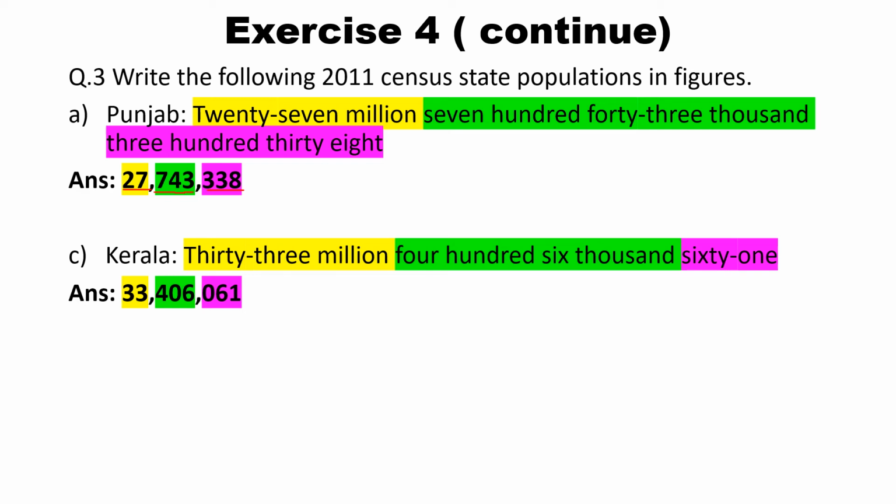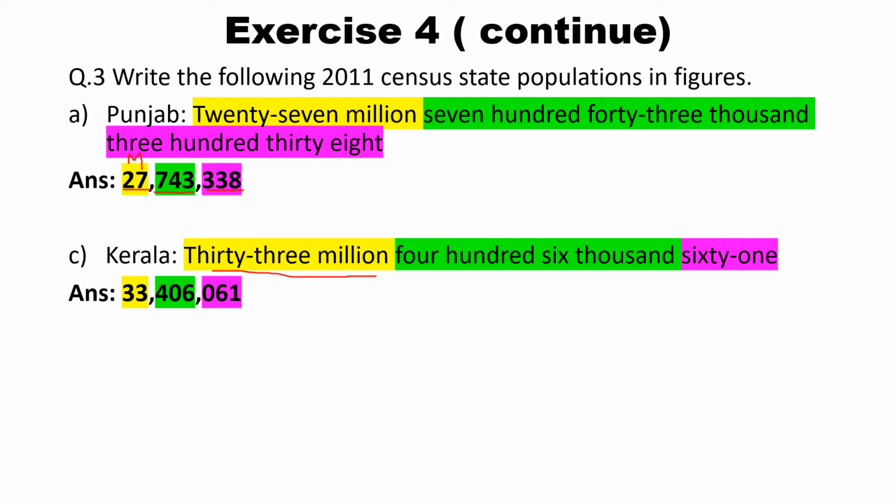So it's 27 million. So in the million period 27 will come. Then thousand period. In the thousand period we have 743,000. So 7 will be on 100 and 43,000. Then 338. So it's 300 on the 100 place, and 38 will be on the tens and ones place.